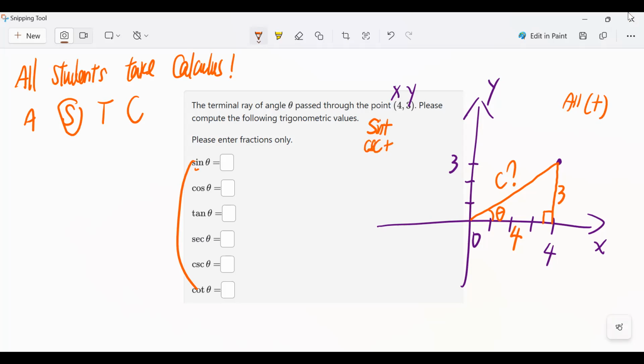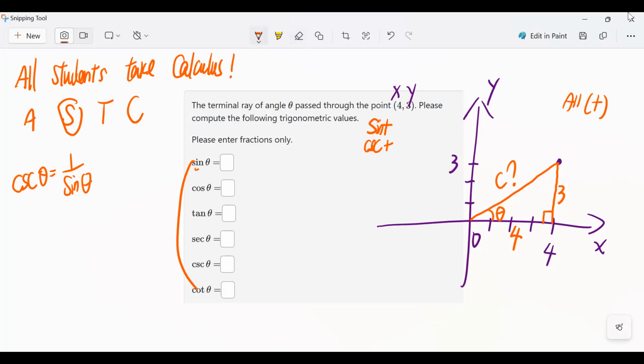Because cosecant theta is equal to 1 over sine theta. So that's the relationship. They are reciprocals. This is called the reciprocal relationship between these 2 trig functions.